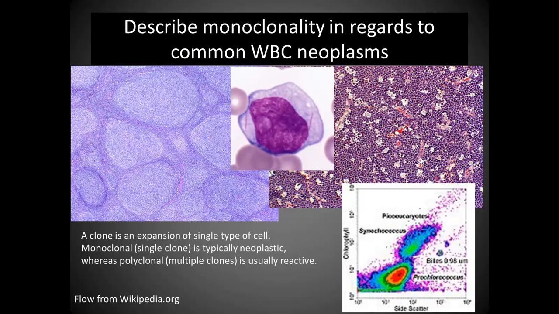So these are monoclonal, meaning that there is one clone, whereas a polyclonal lymph node is what you see in reactive conditions, meaning that you have mixtures of different B and T cells in that lymph node. There's nothing malignant there. One way we tell is by flow cytometry, and that picture on the bottom right is what we call a flow scatter plot.